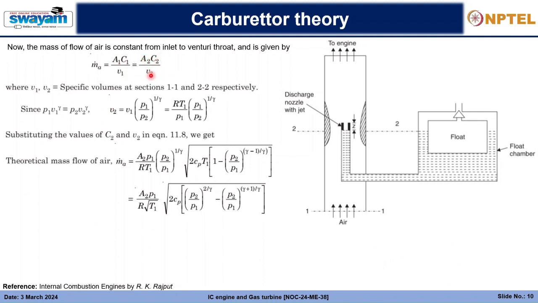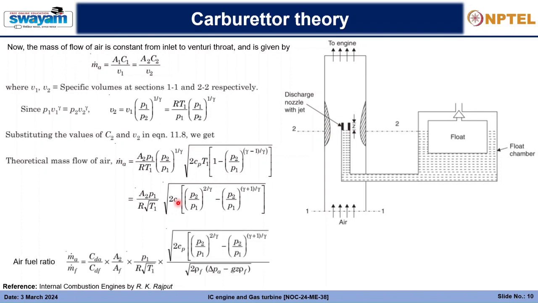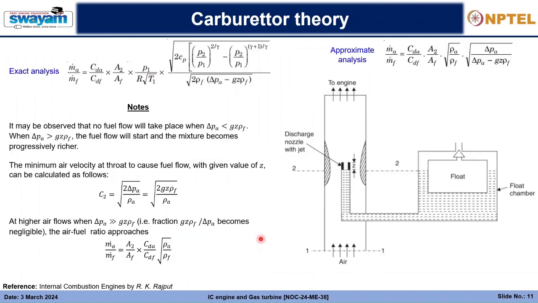A2 and V2 we needed to find, and we found the expression of V2 and put it here. For A2 we do not need an expression because it's a geometric condition. Finally we put the values of Ma and Mf, that is the mass flow rate of air and the mass flow rate of fuel, and we get the air fuel ratio to be this quantity.